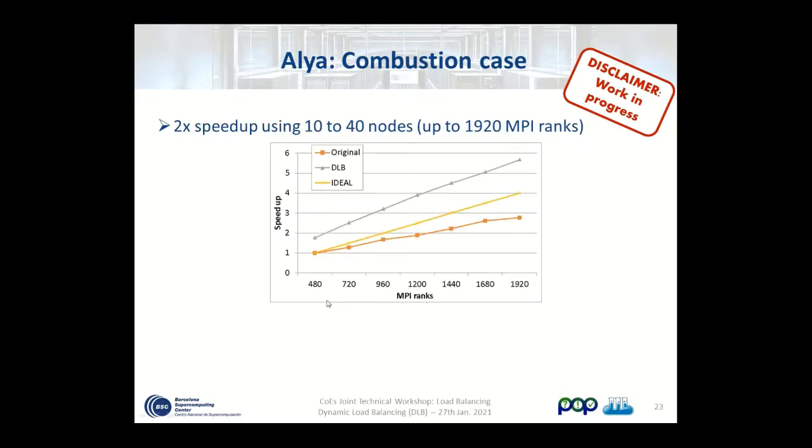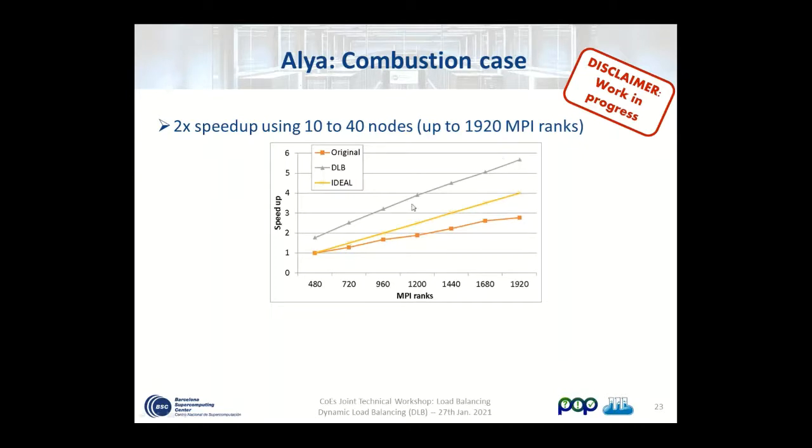And well, in this case, I don't have very fancy pictures because, as I've said, the work is still in progress, but it's quite promising. These are the scaling results that we are obtaining. The original one is the orange line. The ideal based on the original is the yellow. And the speedup that we are obtaining with respect to the original one with DLB is this.